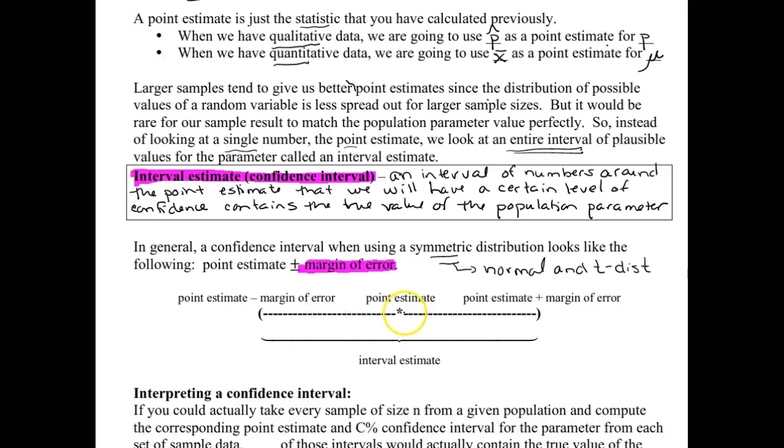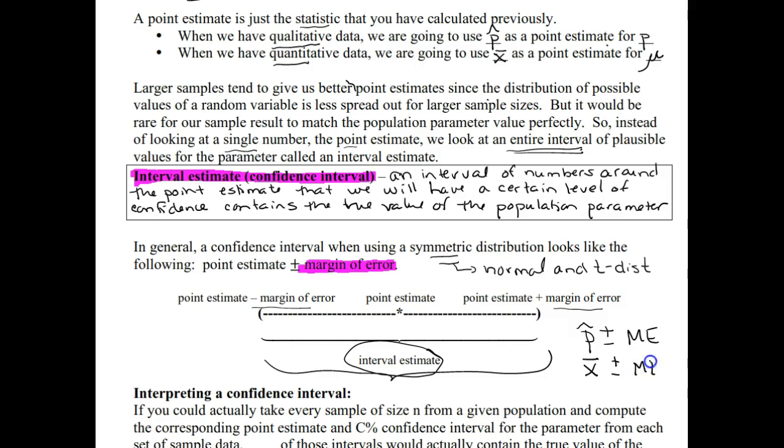So we're going to start with some point estimate and add this margin of error, start with that point estimate and subtract some margin of error, and that's going to give us these two endpoints for our interval estimate. So we're going to have either p hat, give or take some margin of error, or x bar, give or take some margin of error, on these initial ones that we're going to look at.